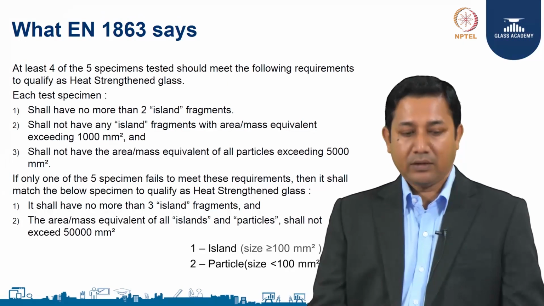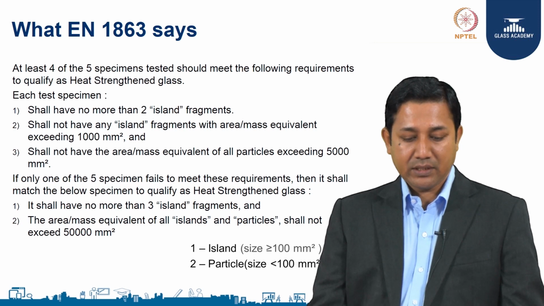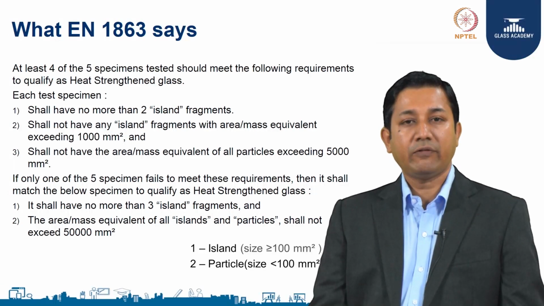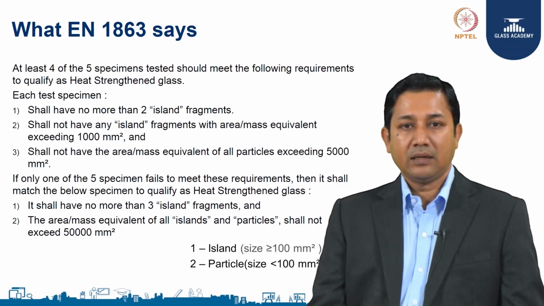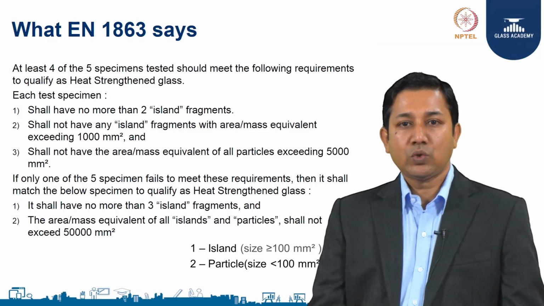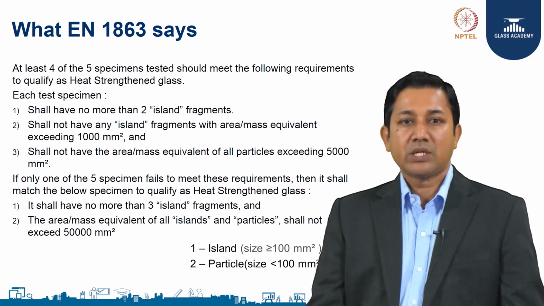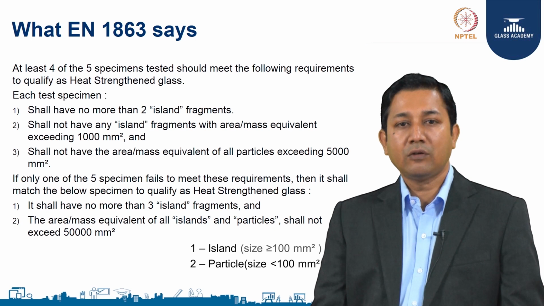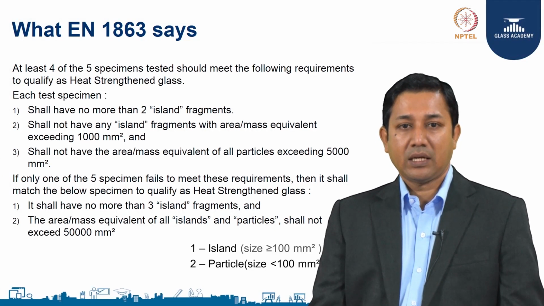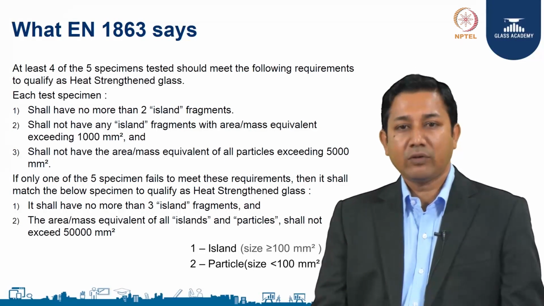At least 4 of the 5 specimens tested should meet the following requirements to qualify as heat strengthened glass. Each test specimen shall have no more than 2 island fragments, shall not have any island fragment with an area or mass equivalent exceeding 100 millimeter square, and shall not have an area or mass equivalent of particles exceeding 5000 millimeter square.